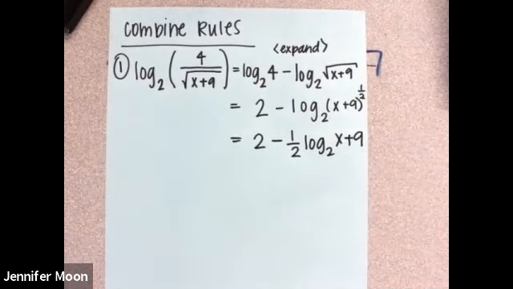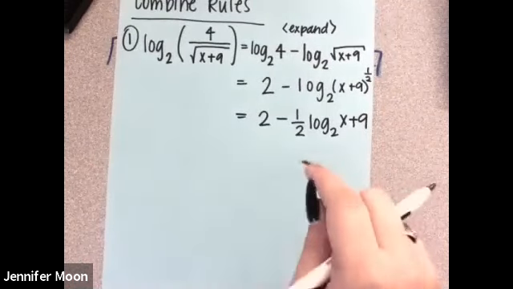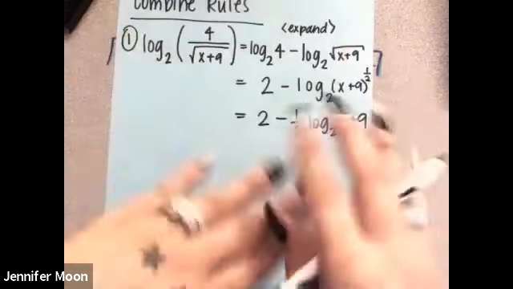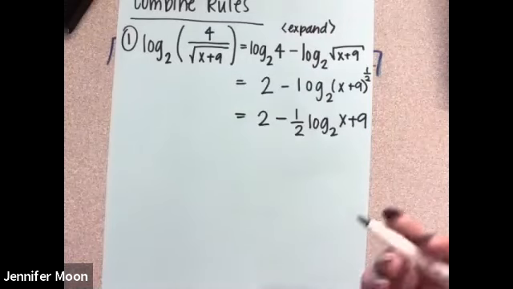Because just the power, right? Whatever was inside or whatever that was the power of, it just stays what it is. That's your answer. And this is why you can't use calculators for these problems. Does that make sense? Kind of applying the rules a little bit? Yeah? Okay.